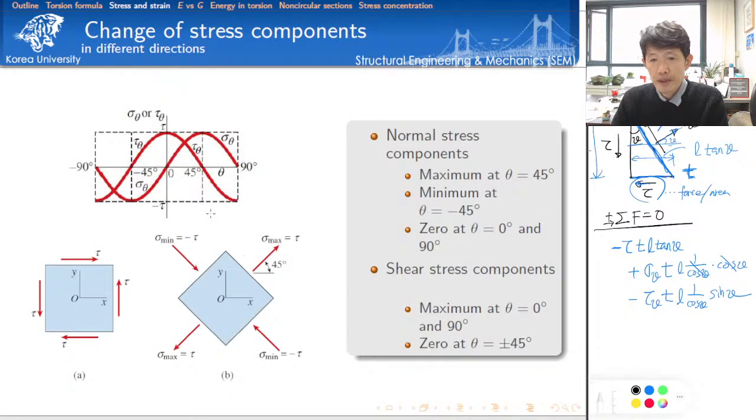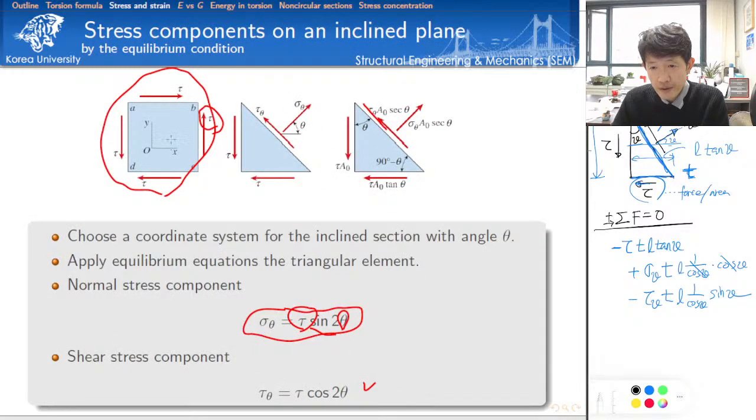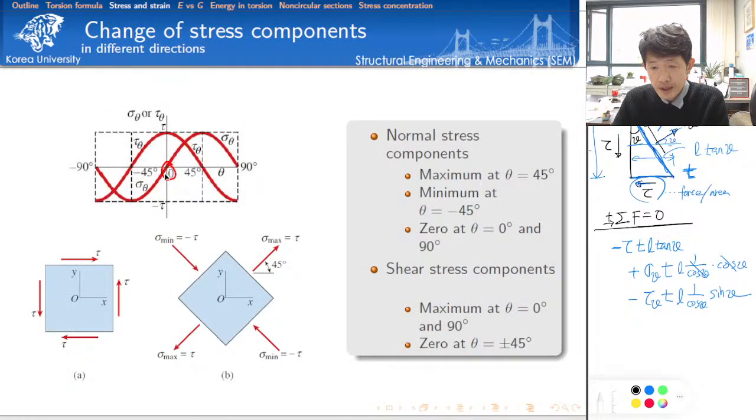So then we can plot the change of normal stress and shear stress depending on different observation directions. Because these are trigonometric functions, we can see these periodic changes of the normal stress and shear stress. So here we can find a very interesting point. When the observation angle is equal to 0, the reference frame, there is no normal stress component here, as you see, and we have the maximum shear stress component.